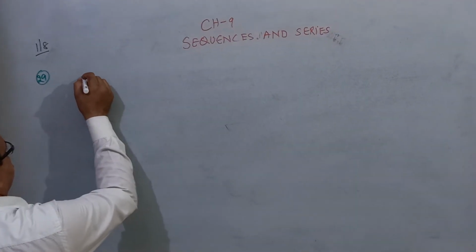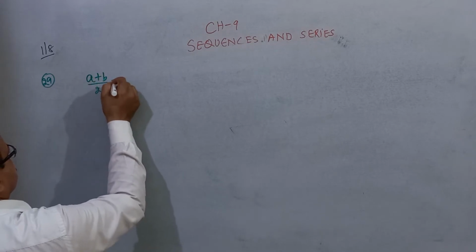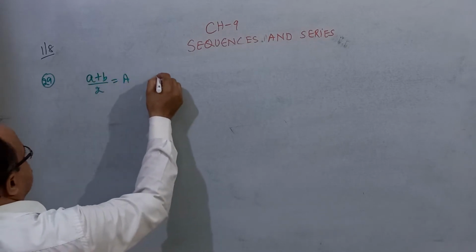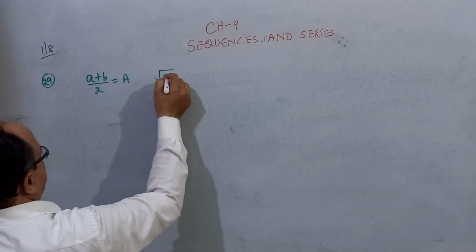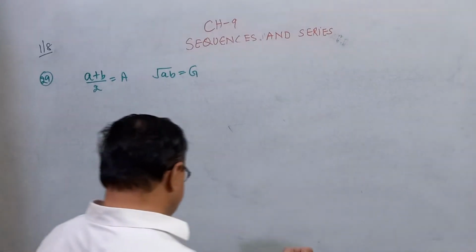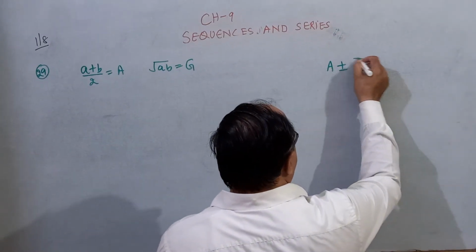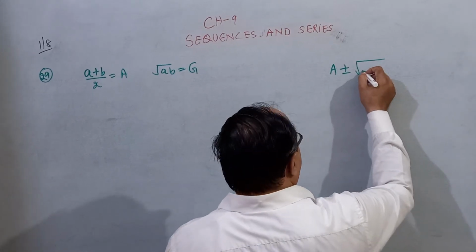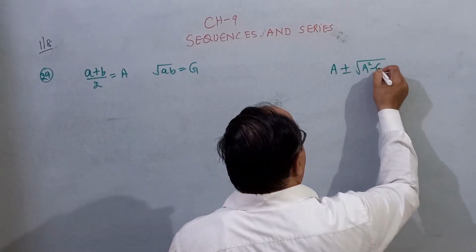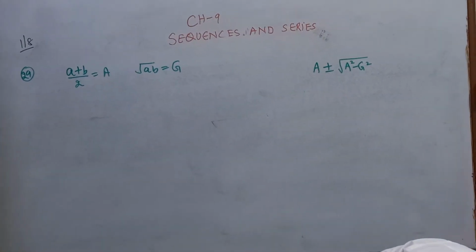Let the two numbers be a and b. Arithmetic mean is (a plus b) by 2, that is A. And geometric mean is root ab, that is G. This is our target. Clear?